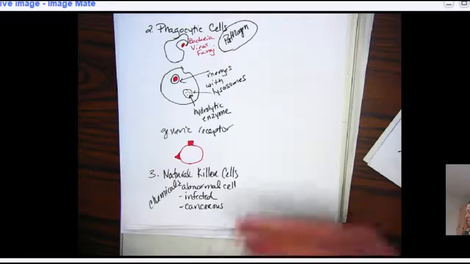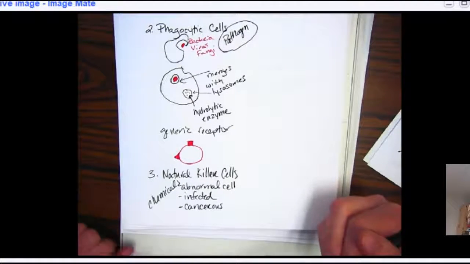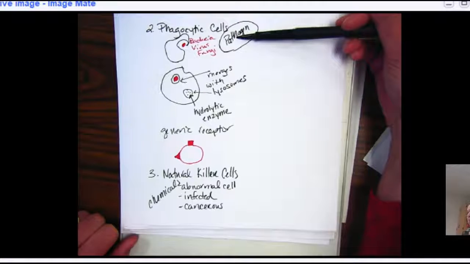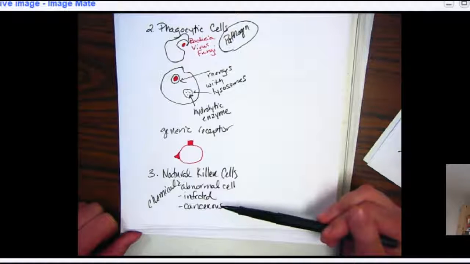So we have two lines of internal defenses here. We have the barrier, but if something gets past the barrier, it can either kill the pathogen, and that's what the phagocytic cells do, or it can kill the abnormal cells, and that's what the natural killer cells do.